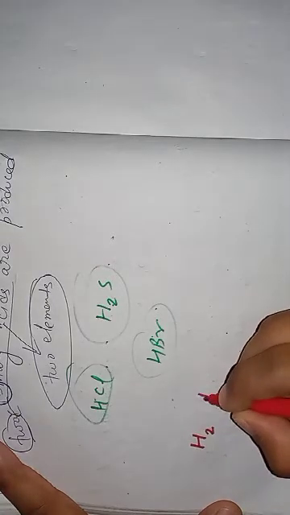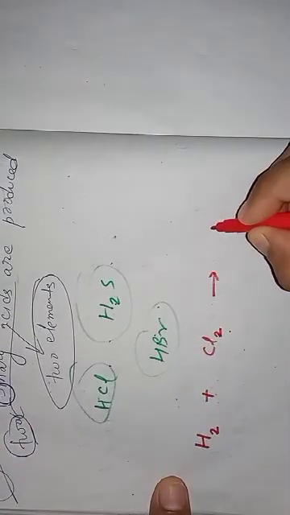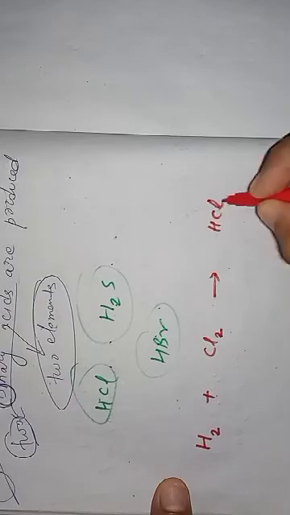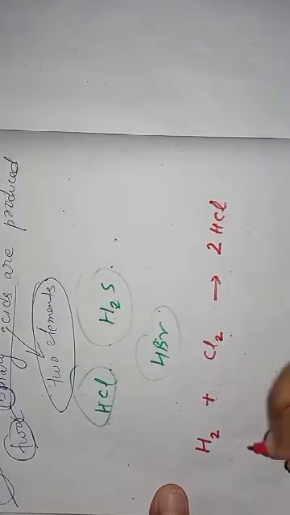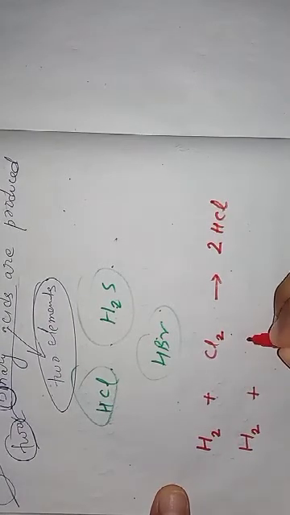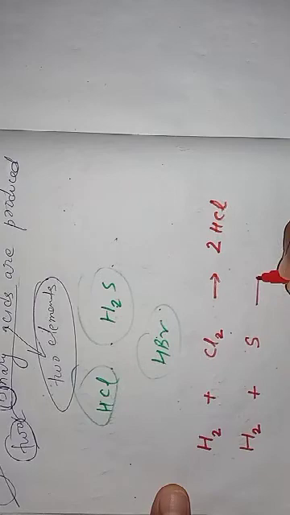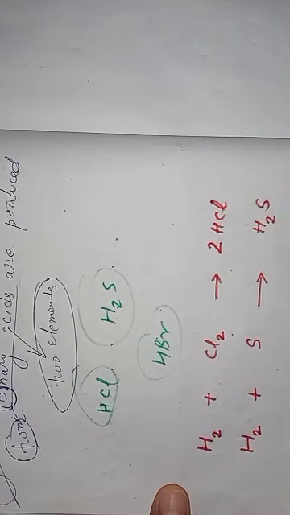H2 plus Cl2, they combine together to give you HCl. So I will put a 2 over here to balance. Similarly, H2 plus sulfur will give you H2S.